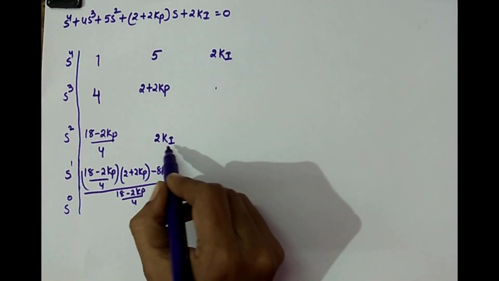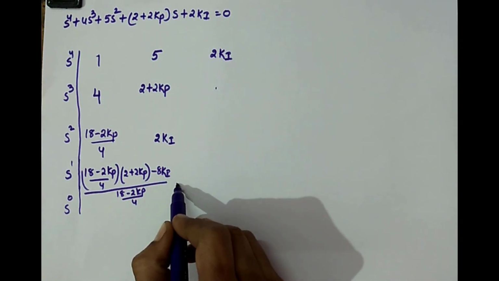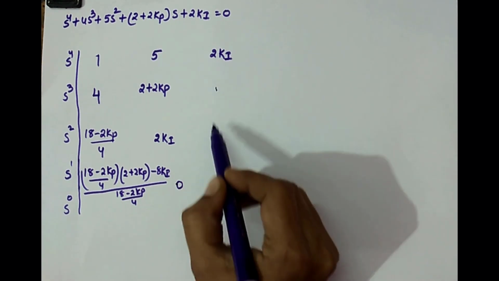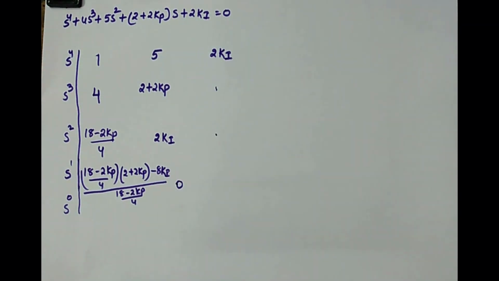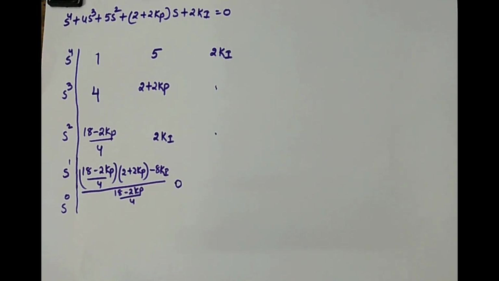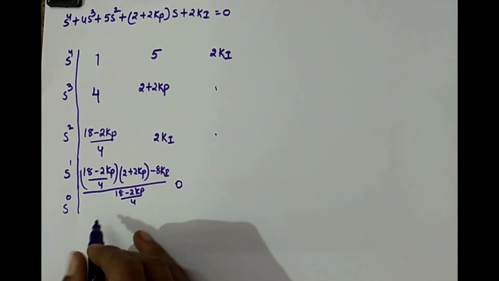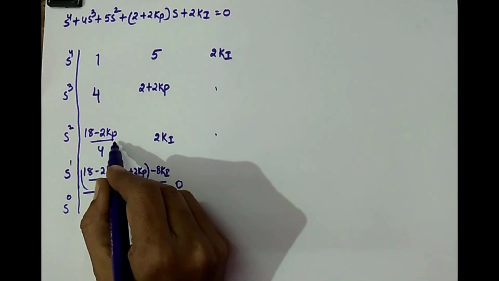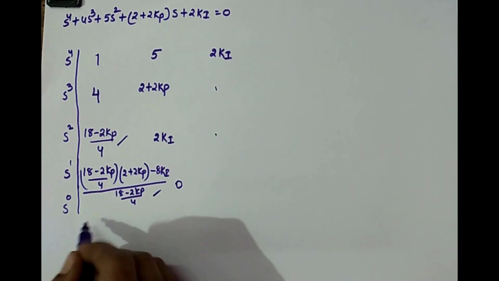For this column, the last term is 0 because the terms used are 0. So now we know that for overall system stability, the first column of the Routh array must be positive. So take these two terms.